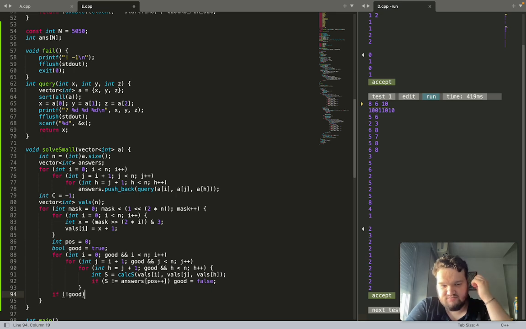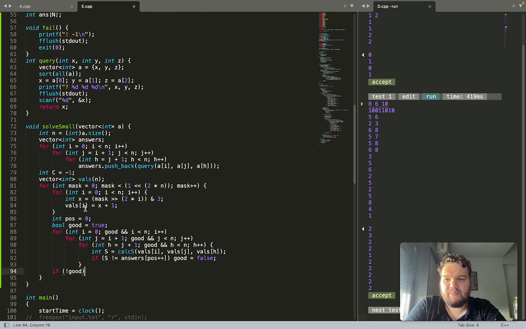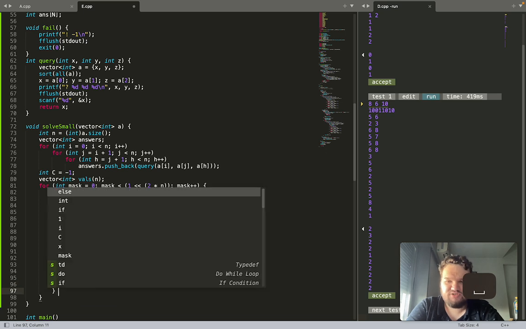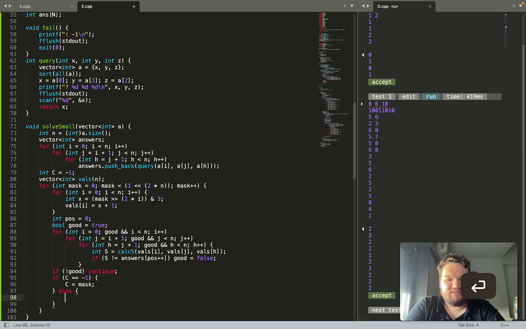So if there was an answer that is not equal to the one that was told by the interactor, then that option is bad. Otherwise, it is good. And if it is the first good option, then we remember that it is a good option. Otherwise, we have two good options, so we cannot determine a unique answer, so we will print fail.